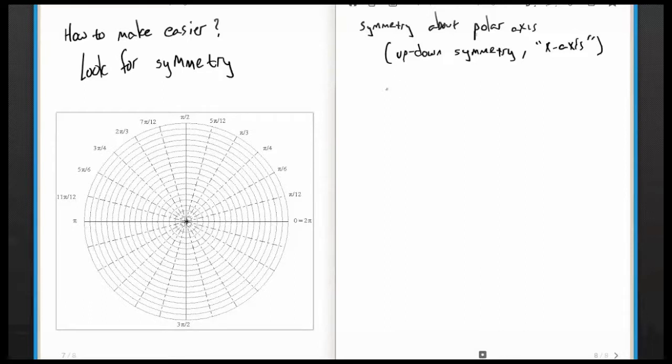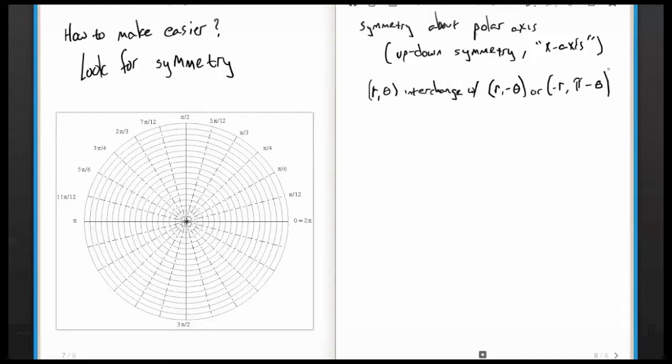If the point r comma theta is interchangeable with two other points, one of those points could be r comma negative theta, or the point negative r comma pi minus theta.